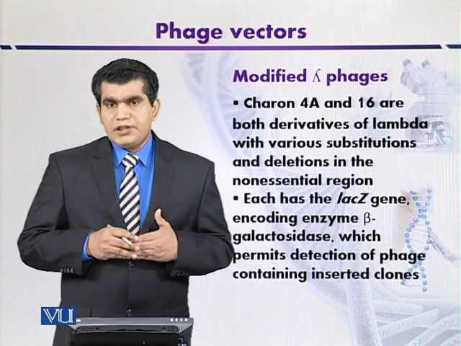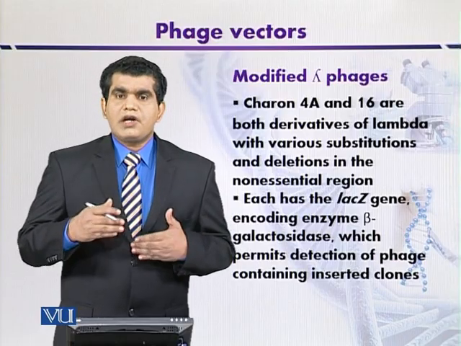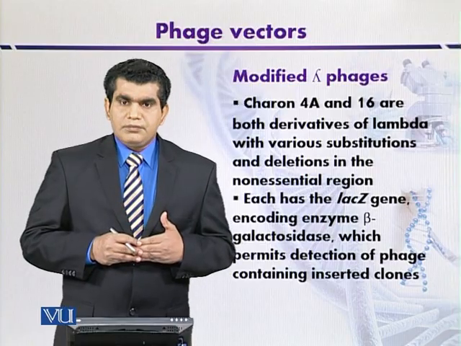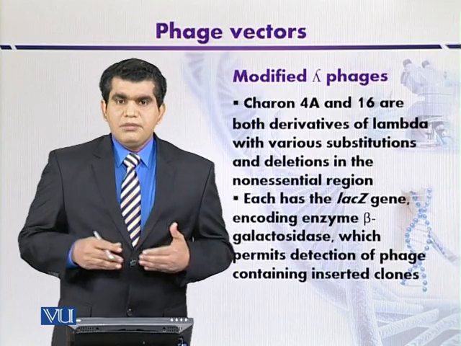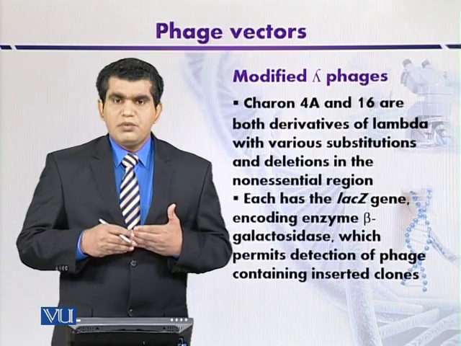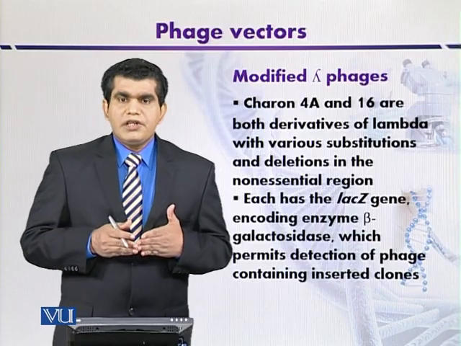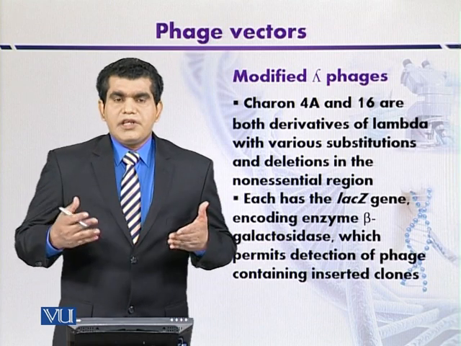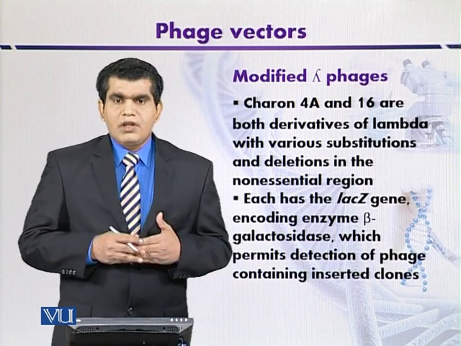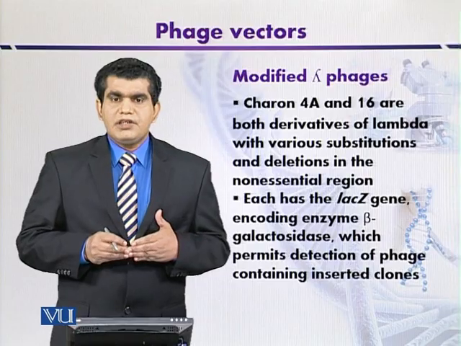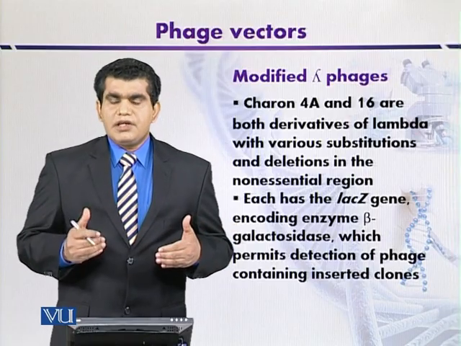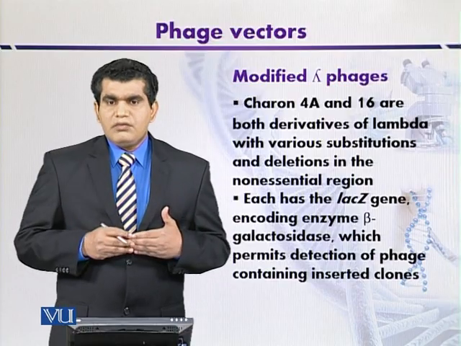In addition to that, it also contains a reporter gene, beta galactosidase, that encodes this enzyme, and if this enzyme is produced after the insertion of foreign DNA, then we can say that the foreign DNA has not been inserted. And if the insertion is there, the expression of beta galactosidase is inactivated, which indicates the presence of foreign DNA.